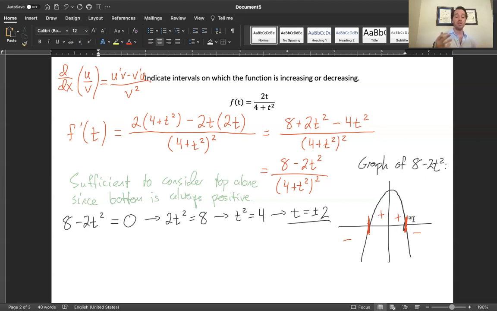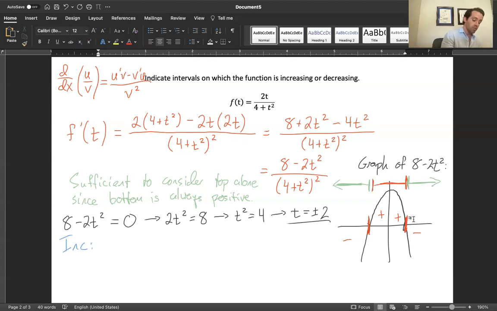So this gives us very easily the fact that the derivative will be positive on this interval, because that's where the top of the derivative is a positive number. And it will be negative on these intervals, because those are the intervals where the top of the derivative, and thus the whole thing, is negative. Okay, so we're one step away from being able to state this.